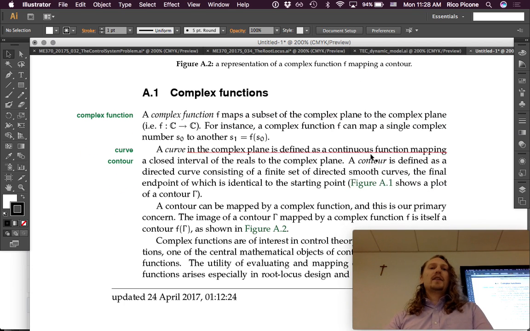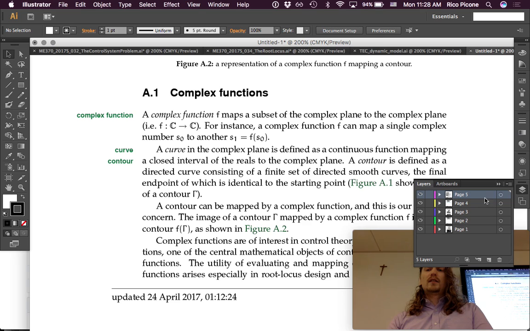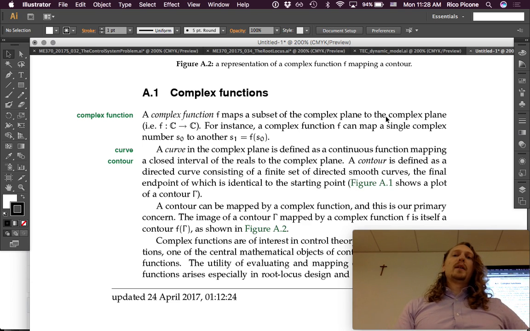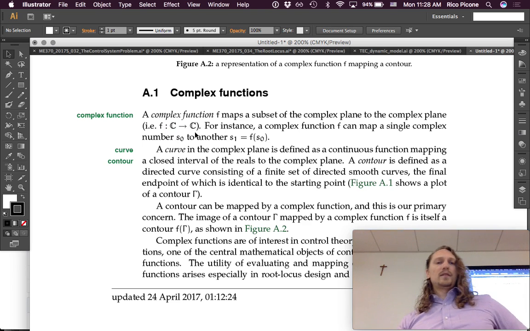So a complex function, f, maps a subset of the complex plane to the complex plane. So f is a map from complex to complex.